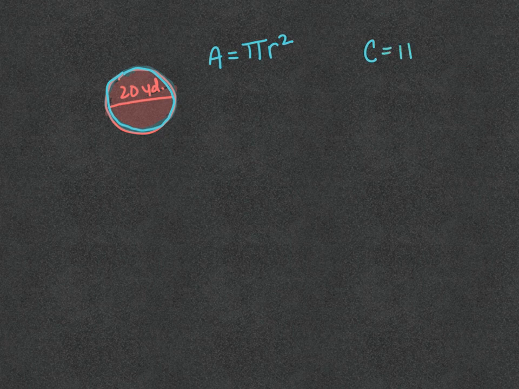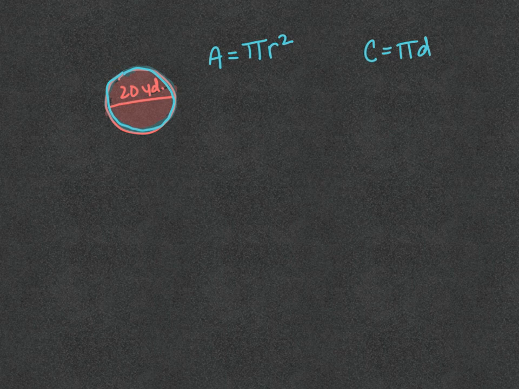So my first question on the amount of seed, that would be area. And the formula for finding area of a circle is the pi r squared. Area equals pi r squared. To know how much fencing I want to put around the outside of it is circumference, perimeter of a circle, right?